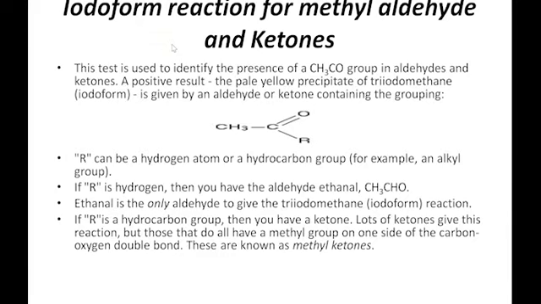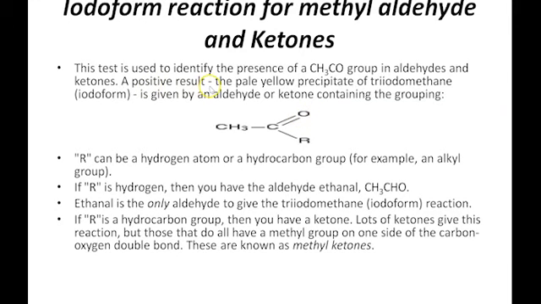Iodoform reaction for methyl aldehyde and ketones. This test is used to identify the presence of CH3CO. It means the carbonyl group must contain CH3, or you can say the methyl group is directly attached to the carbonyl group.